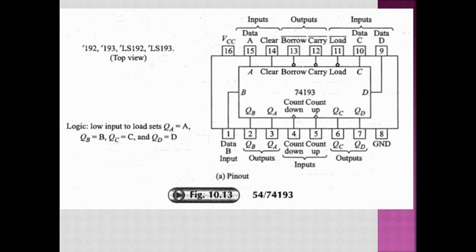Then there are two other pins, 12 and 13. These pins are shown with bubbles. Pin 12 is a carry and pin 13 is a borrow. So when the counter progresses from 0, 0, 0, 0 to 1, 1, 1, 1 in count up mode, after 1, 1, 1, 1 the next clock pulse comes.